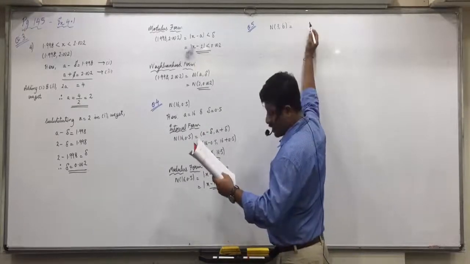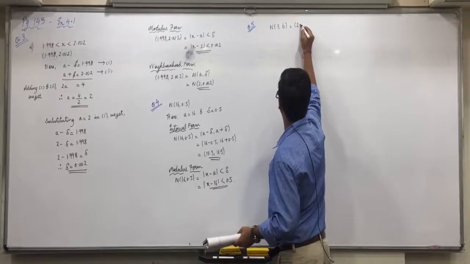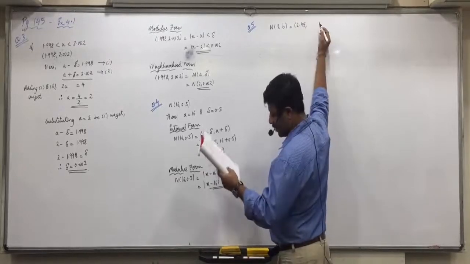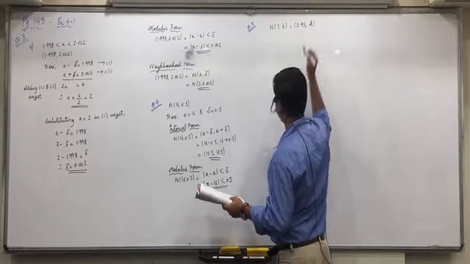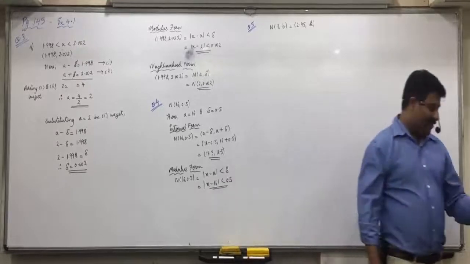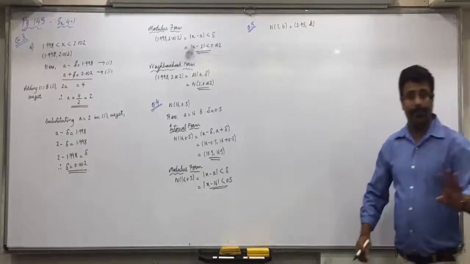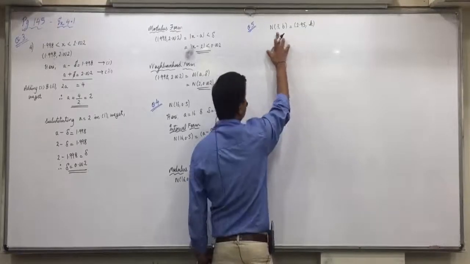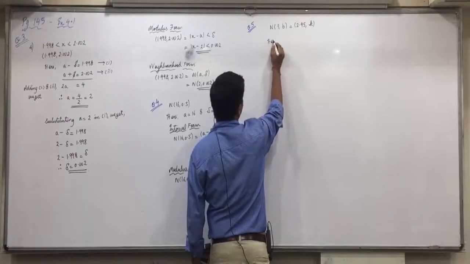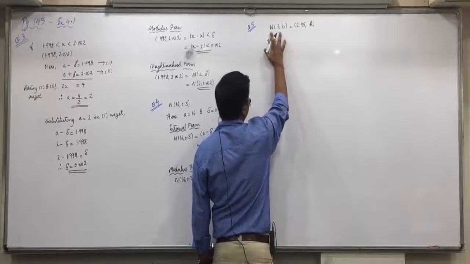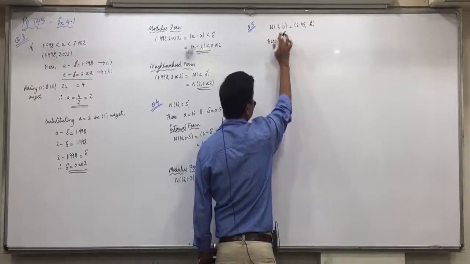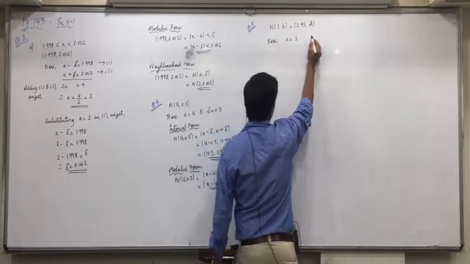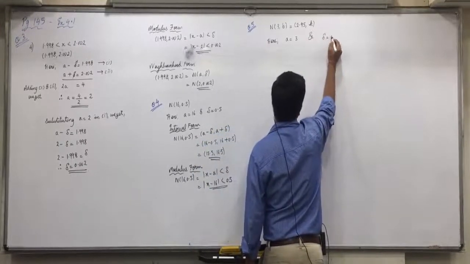N of 3, b is equal to 2.95, k. Then find the values of b and k. First of all, what is this form? Neighborhood. How do you write the neighborhood form? N of a, delta. Can I say a is 3? Delta is b. Write it down.